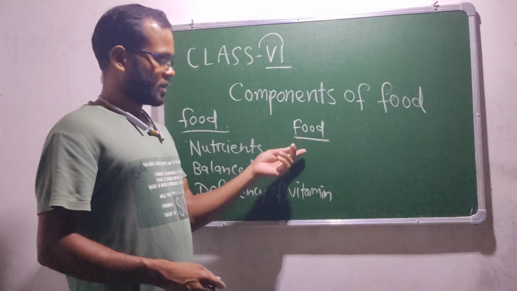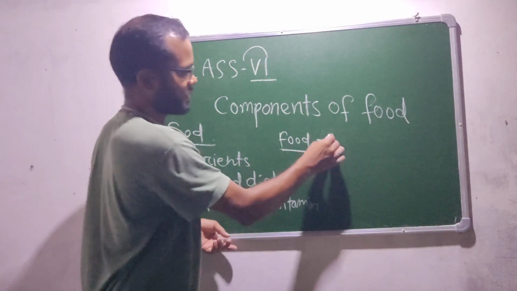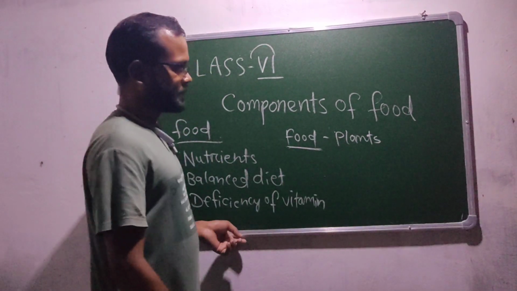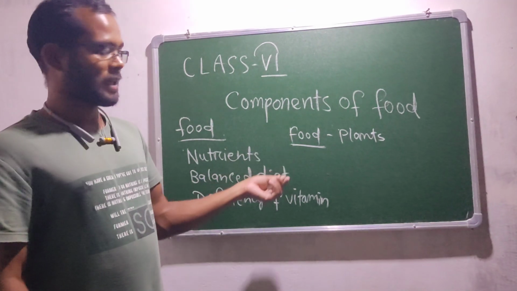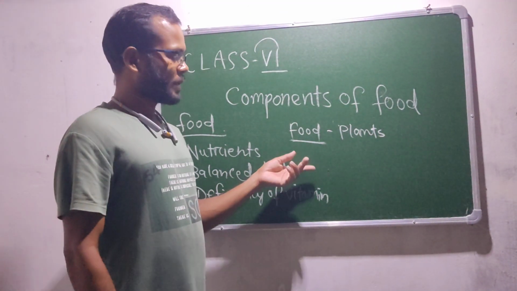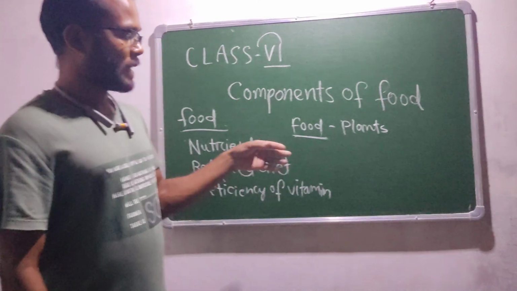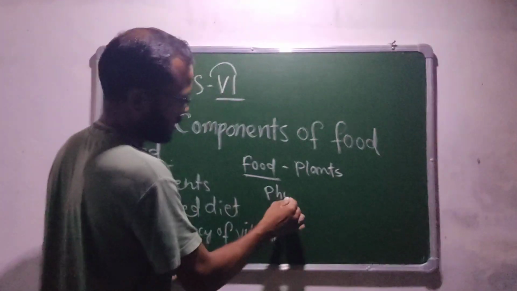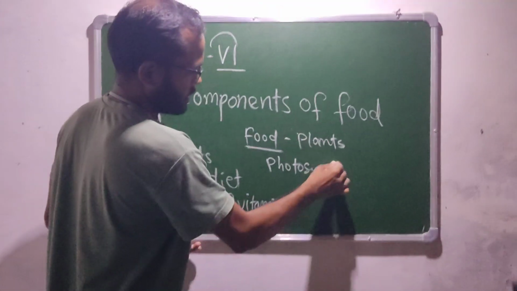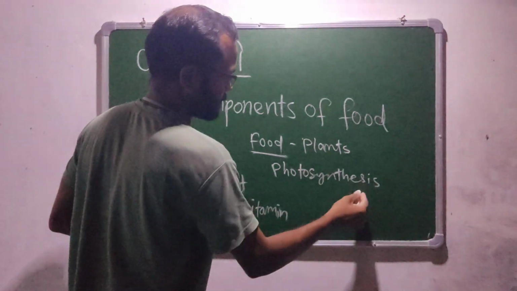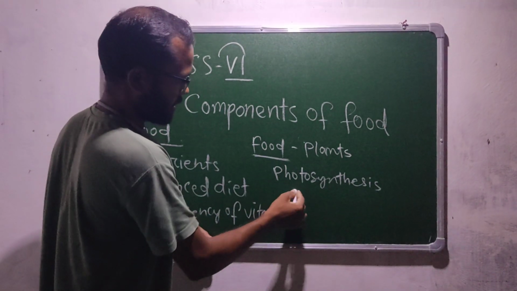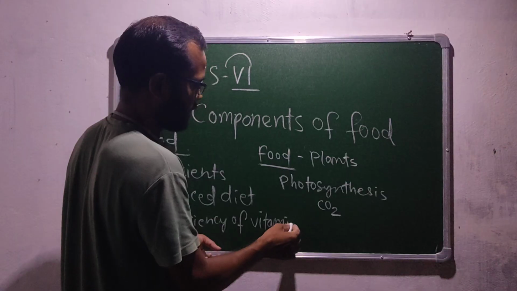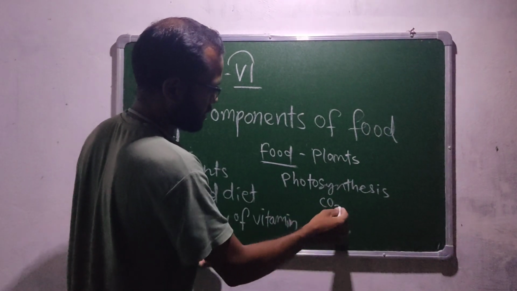Food is prepared by the plants. Plants have chlorophyll pigment in their leaves, and the chlorophyll helps plants to absorb sunlight, and they can make food by the process of photosynthesis.